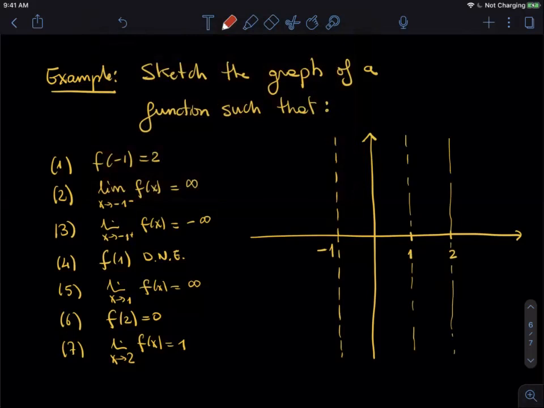So now f of -1 is equal to 2. Actually, let's continue with yellow. So here we have 1. Then we know that the limit of f of x as x tends to -1 from the left is plus infinity. So we can signal it like this.